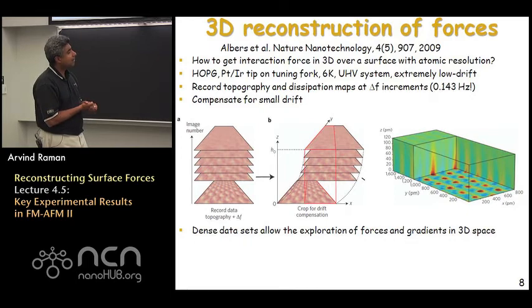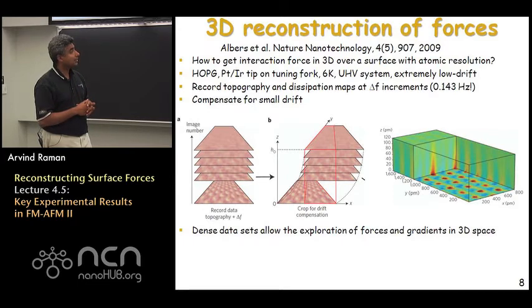What one sees on the rightmost image here is actually a reconstruction, in this case not of the tip-sample interaction force itself, but rather the potential energy associated with the tip-sample interaction force, which is coded in the color. And then you have X, Y, and Z space. The resolution here is absolutely tremendous.